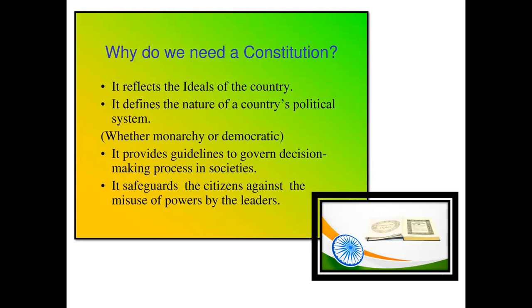With that, we can know which country is secular and which is not. It defines the nature of the country's political system. Seeing the constitution, we can see whether it is a monarchy, democratic or a dictatorship. Depending on what kind of policy the government is taking, we can identify whether the country is democratic or a monarchy.